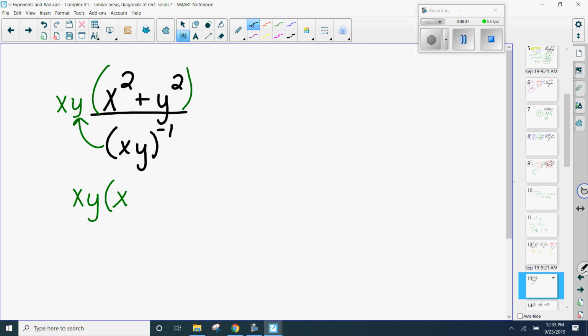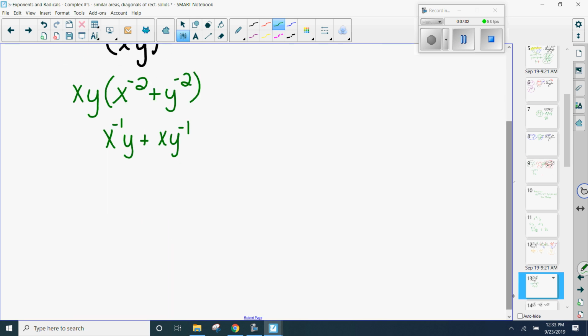Sorry, that's not the problem. That's the problem. So it looks like an easier problem. All you have to do is the distributive property, right? If you use the distributive property, you're going to get x to the negative first y plus x y to the negative first.